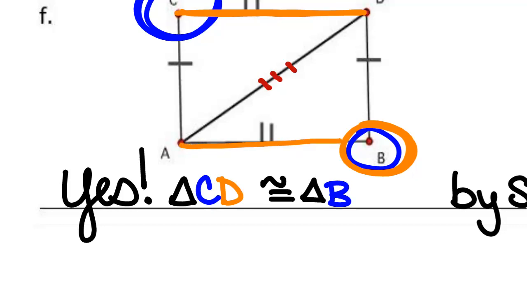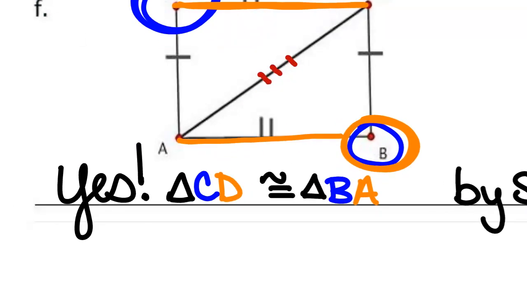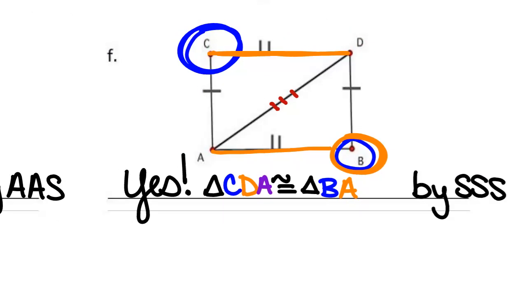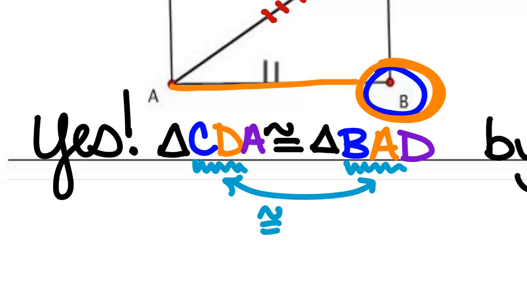B to A. All right, so help me out with this. That's triangle CD what? CDA is congruent to triangle BAD. Absolutely. So we have CD is congruent to BA. These are congruent sides.